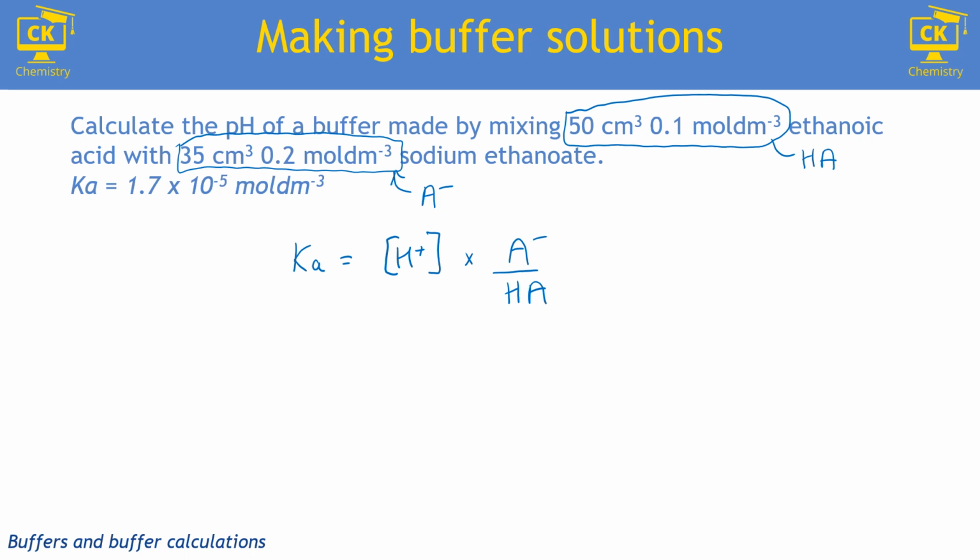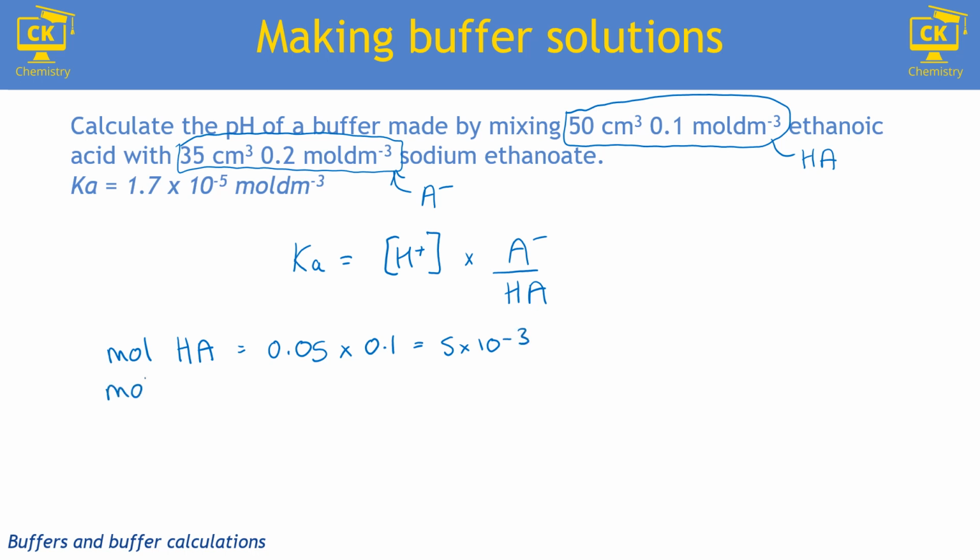So what we're going to do is work out moles of HA. That's easy enough. We have a volume and we have a concentration. So we've got 50 centimetre cubed. Divide that by 1000 gives me 0.05, times by the concentration 0.1, and I get 5 times 10 to the minus 3.